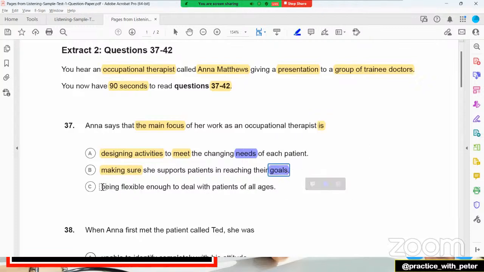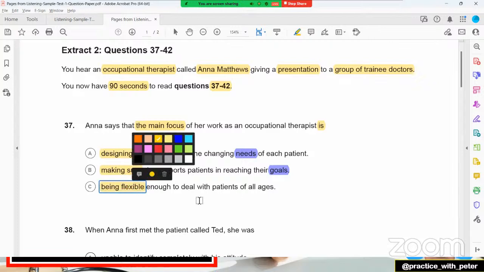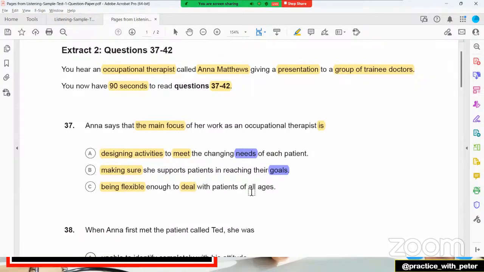Being flexible enough to deal with patients of all ages. So flexibility, adaptability, adjustability, to deal with patients of all ages. Here age is specific.